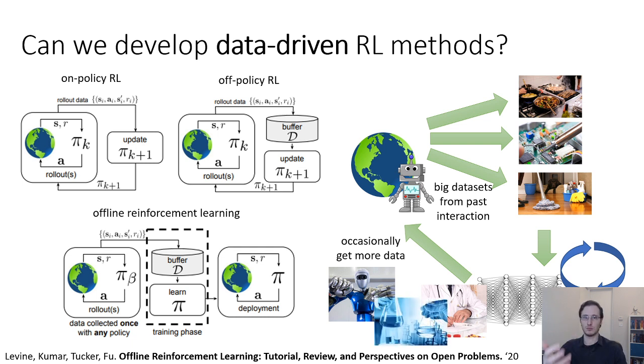You could imagine the same procedure being applied to scientific discovery problems, controlling power plants, chemical plants, operations research, logistics and inventory management, finance. In all of these domains, there's ample previously collected historical data, but it's extremely difficult and costly to run active online data collection. So we would expect that these would be the domains that could be revolutionized with effective offline reinforcement learning algorithms.